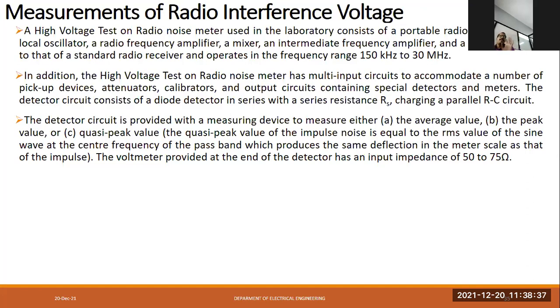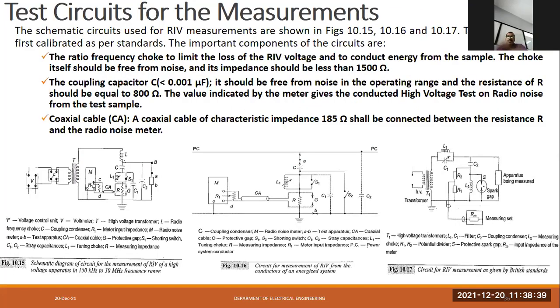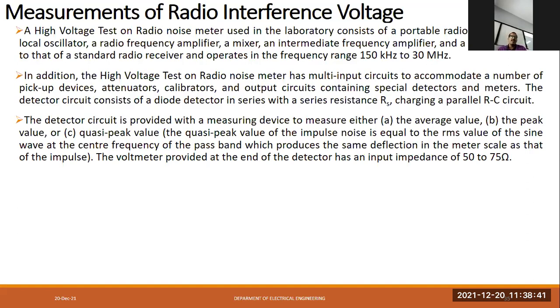The detector circuits provided are circuits that measure the voltage values, such as the average value of the voltage, the peak value, or the quasi-peak value. Suppose this is a waveform.